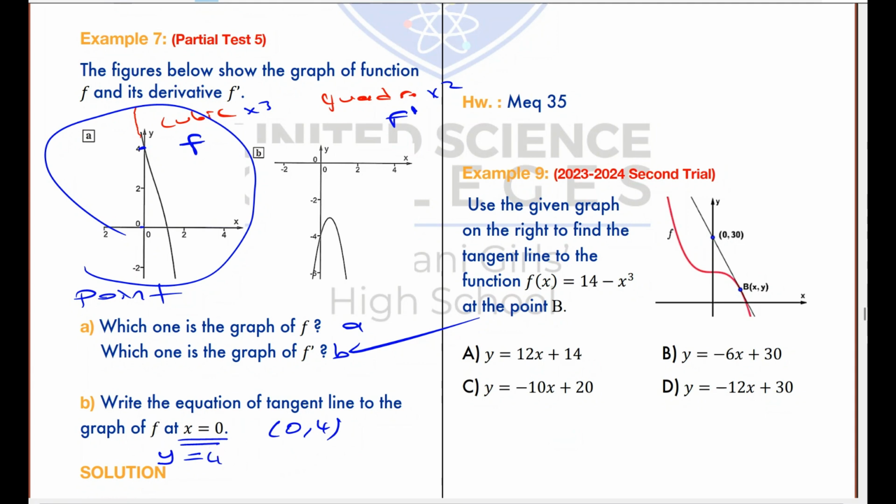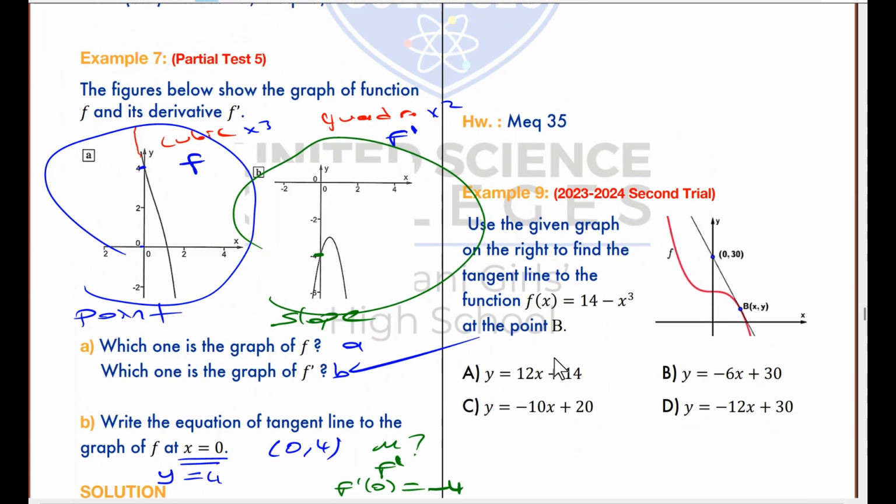So what about the slope? Slope is also unknown. In which graph will you find the slope? Because slope is about the derivative, the f prime will give you the slope, right? So we are looking for the slope at 0. So f prime of 0 is what? Go down to your graph. It is negative 4. So my slope is negative 4.